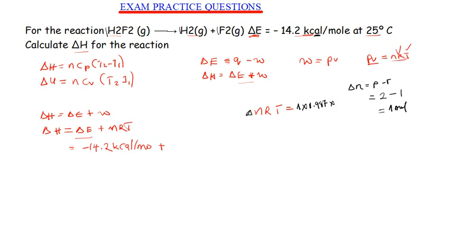The temperature we have is 25 plus 273, so this will give us 298. So I'll multiply with the temperature, 298, like that. Punching that, this will give me 0 point, 0 point.